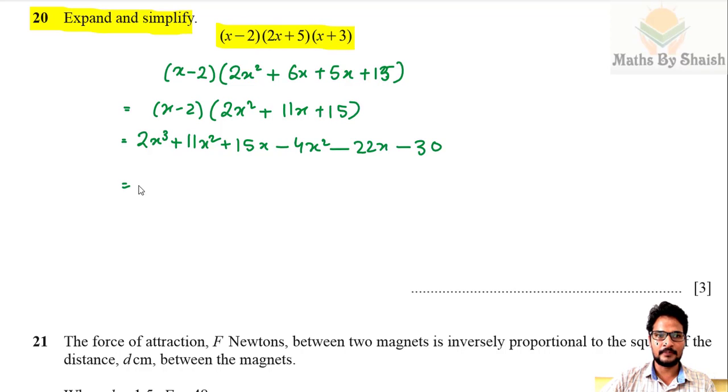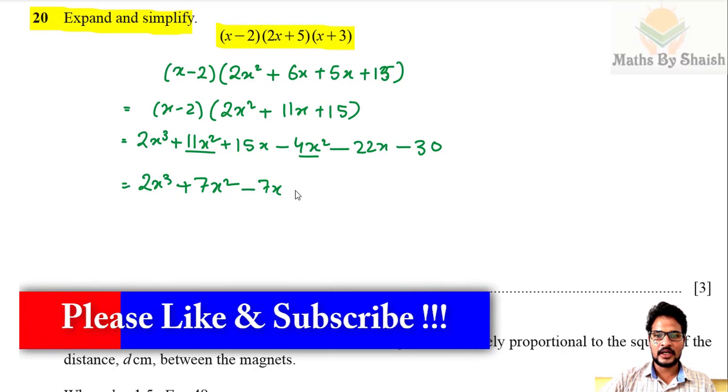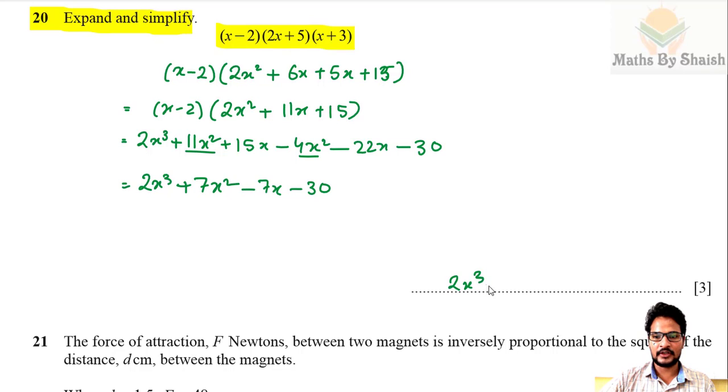So it becomes 2x cube. 11x square minus 4x square is plus 7x square. 15x minus 22x is going to be minus 7x, and the last is minus 30. So that's the expansion and simplification.